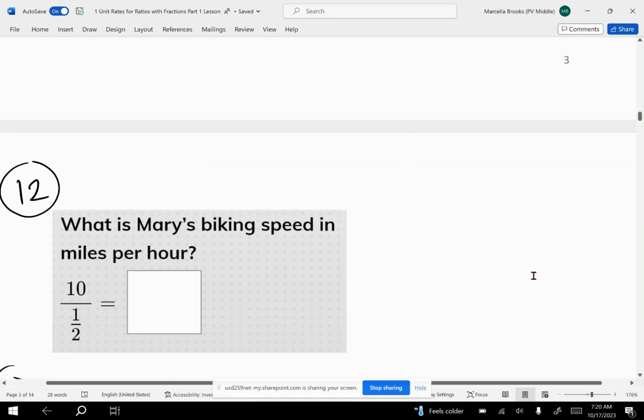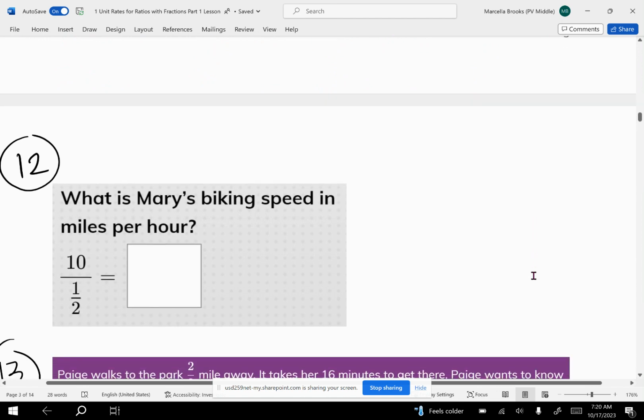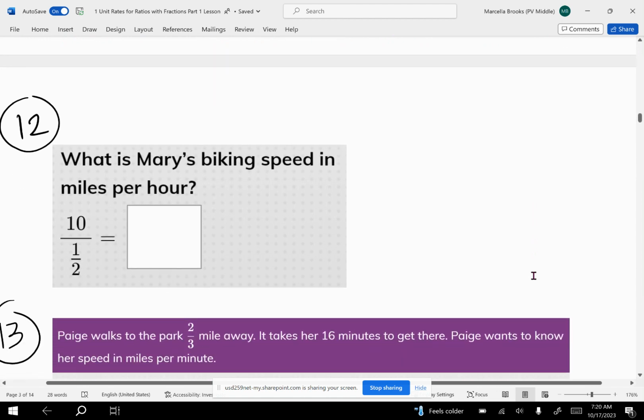All right, moving on now, let's calculate her biking speed in miles per hour. So her biking speed in miles per hour is going to be 10 divided by 1/2. Right, 10 over 1, because that's how we write 10 as a fraction, divided by 1/2.